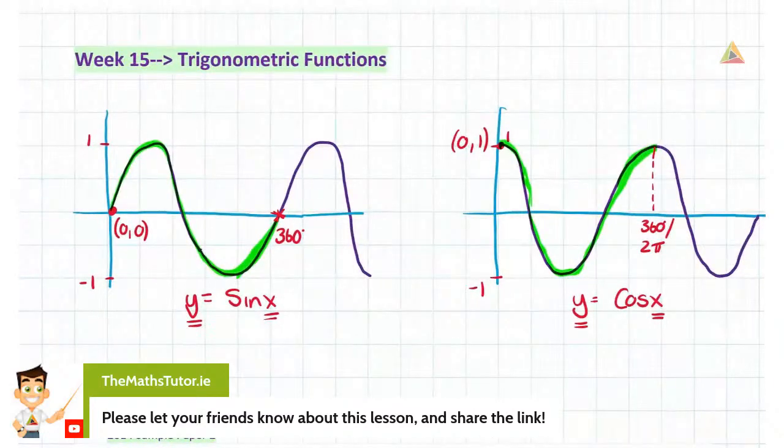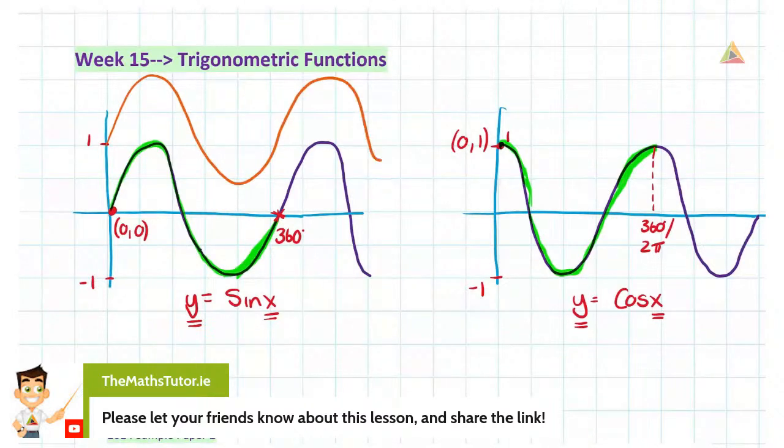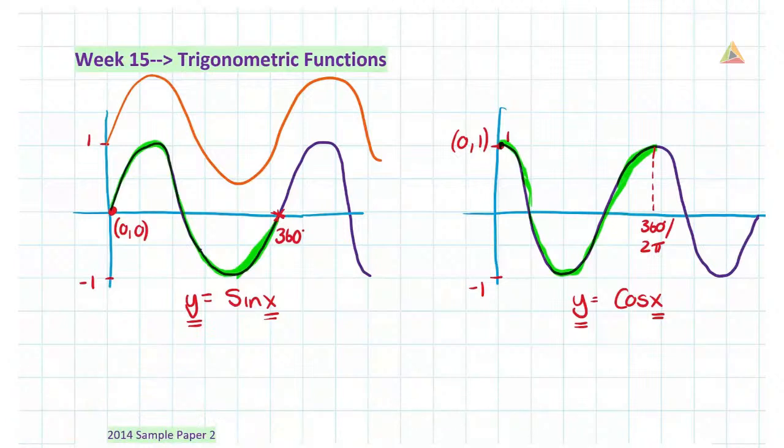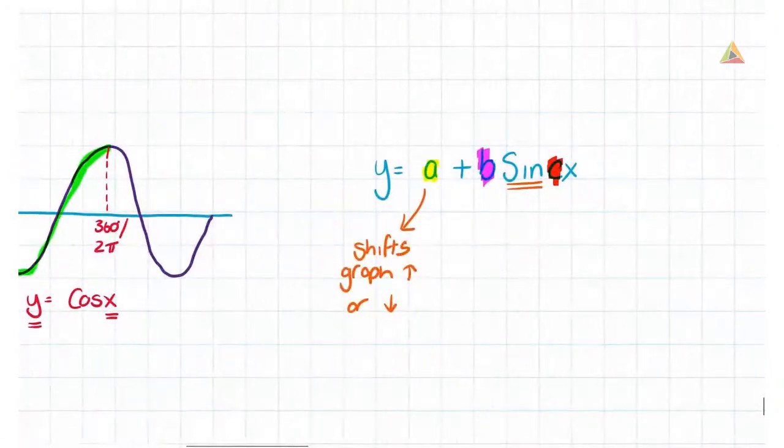Well, if I go back over here, it might shift the graph up here. It'll still stay the exact same shape, and the range and the period won't change unless we change some of the other letters. But it will just shift the graph up, or it might shift the graph down. It picks up the graph and moves it up or down.